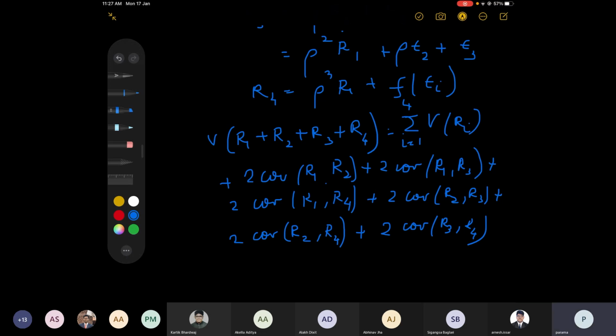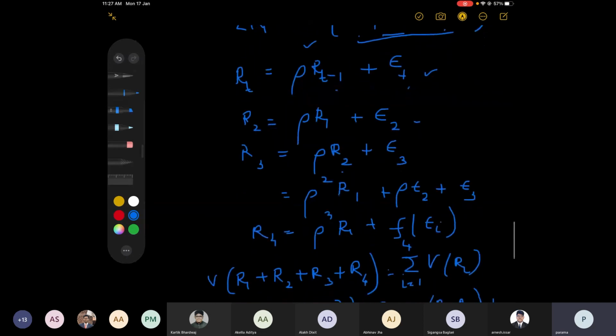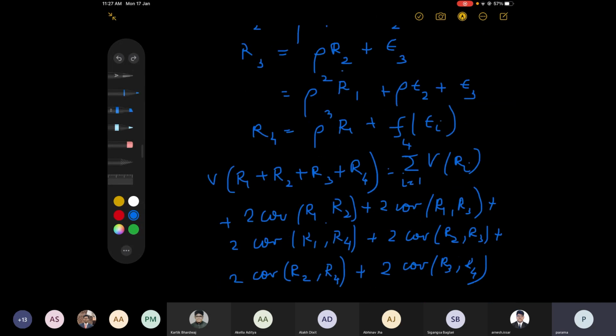Now, what can I write? We want covariance between R1 and R2.